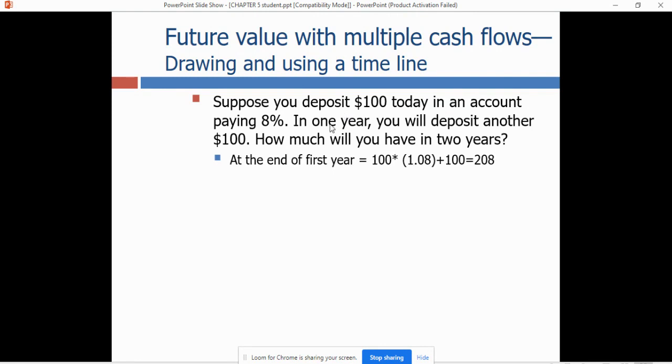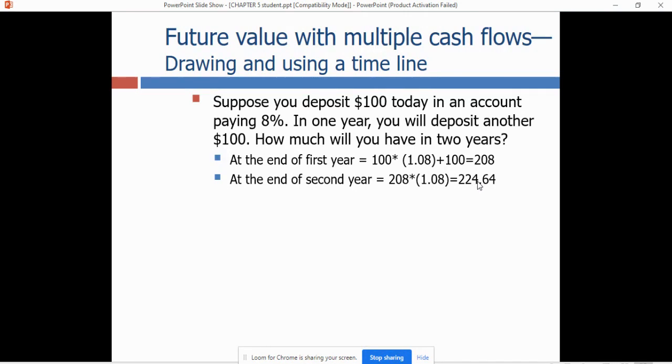All right. So the first year when you invest 100, you get 8% interest, and the second year you deposit another 100. All right. So you have 208, and then at the end of the second year you have a total of 208 times the interest rate. Again, you get 224.64.